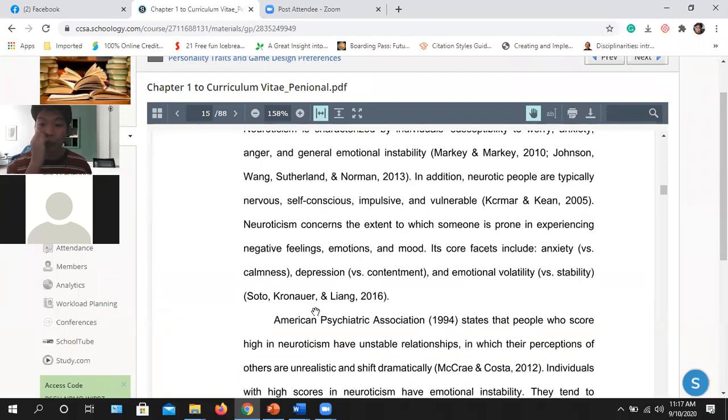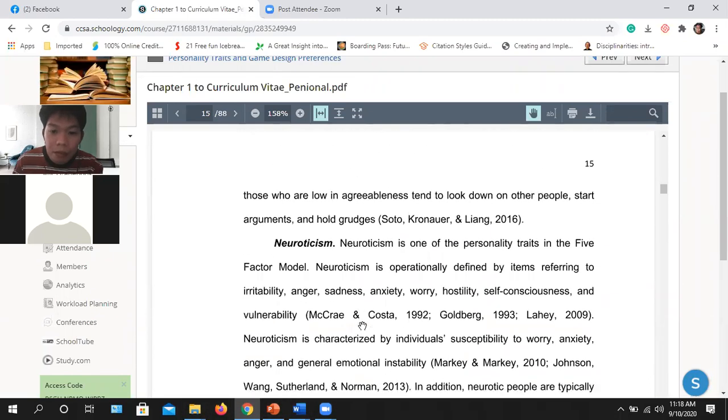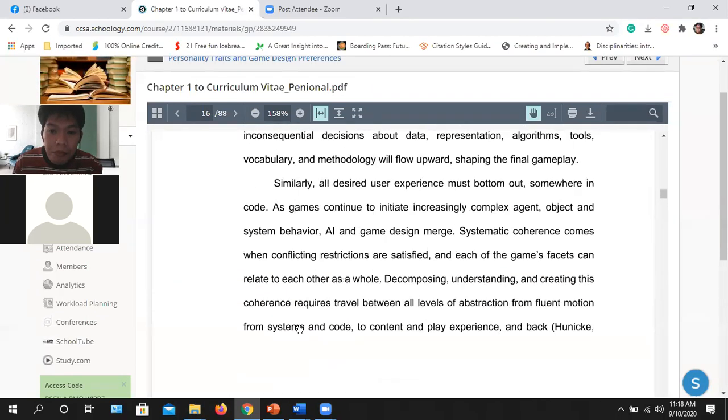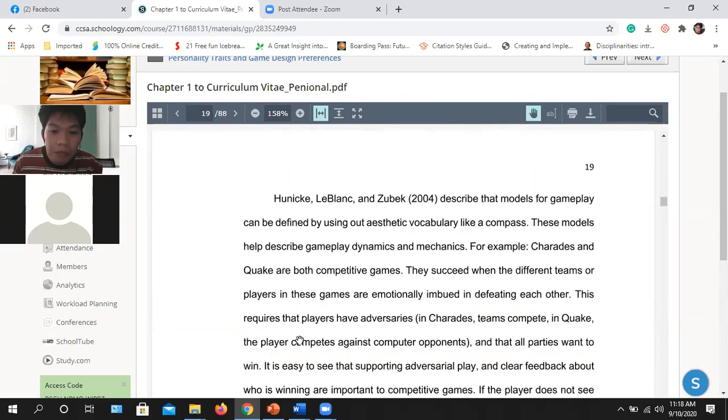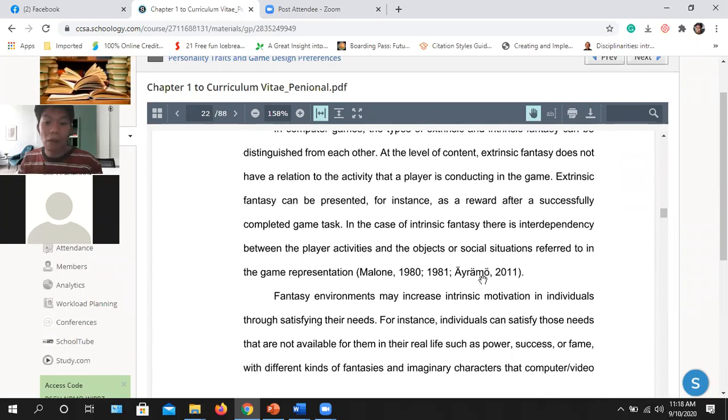And I would like to remind everybody, because this was mostly a mistake of yours last school year in the qualitative research, regarding citation.